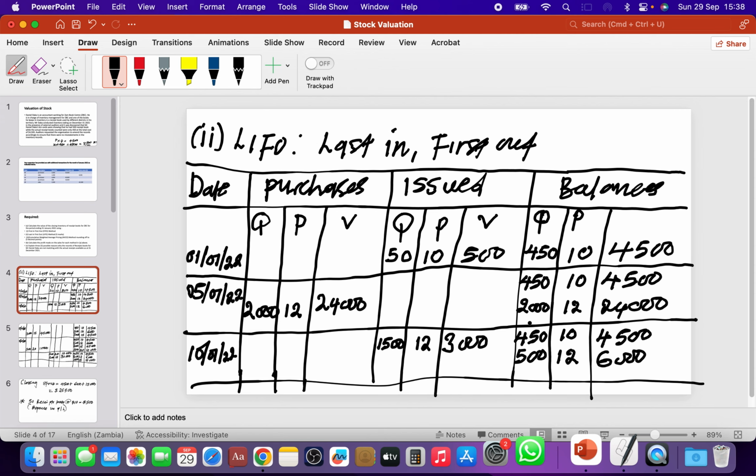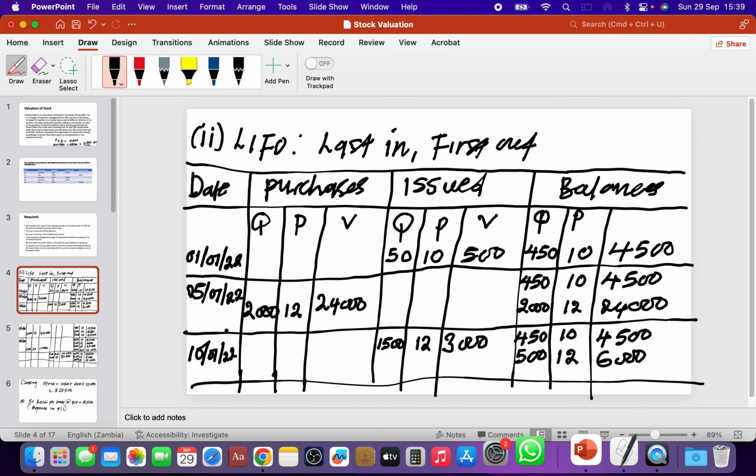As of the 5th of January 2022, we had one batch which had 450 units valued at $10 each, and then another batch of 2,000 units valued at $12 each. As we are closing the date 05/01/2022, this was the stock at hand.